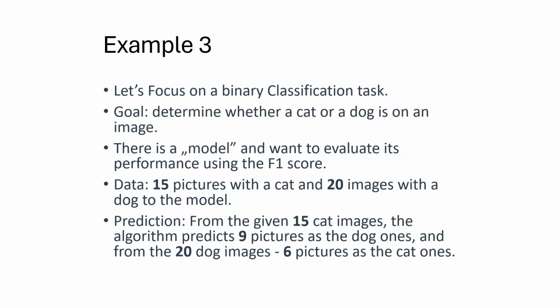So on the picture, there is a true dog, and we just indicate it as a cat. And the last one, the true cat recognized as dogs. How many times? 9 times.